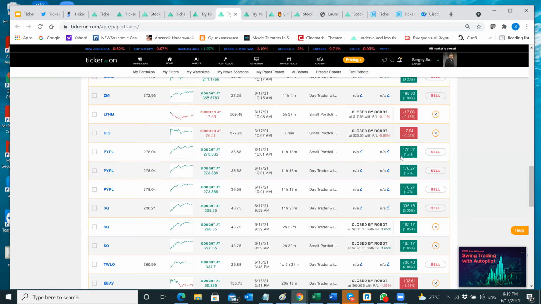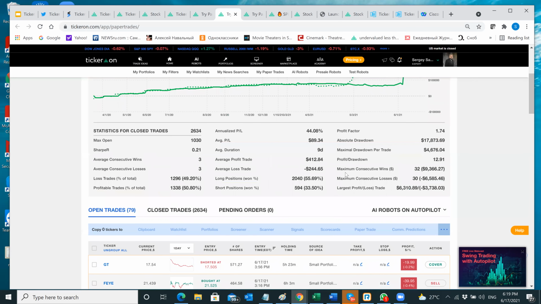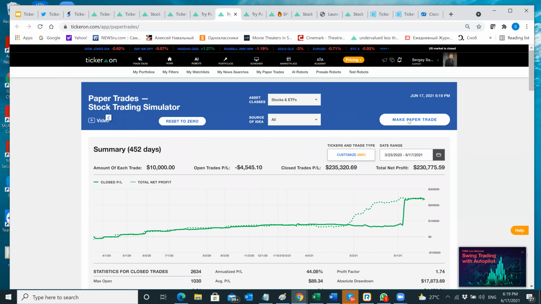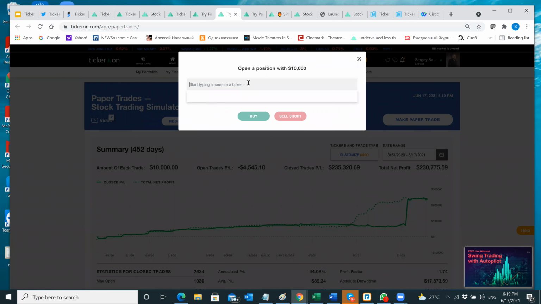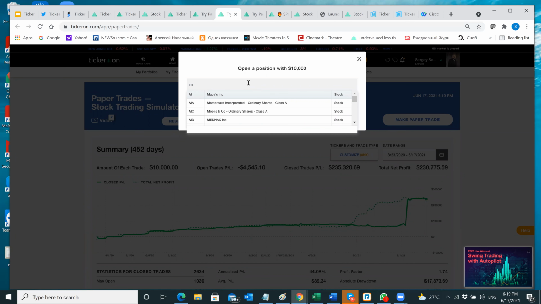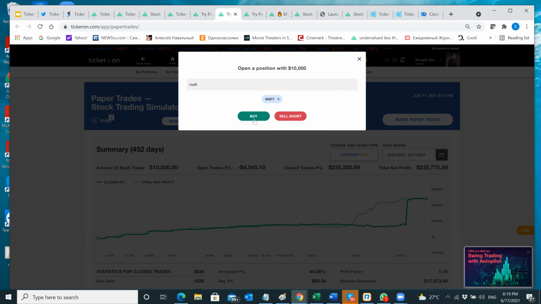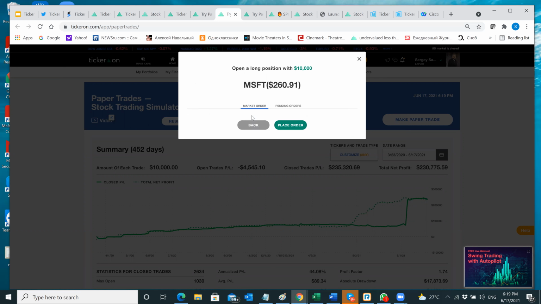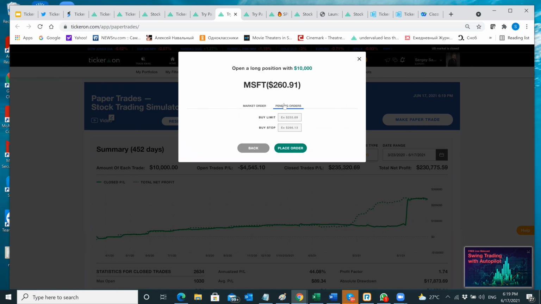from the robot. So in fact, I'm already not making manual paper trades, because I can make a manual paper trade. You see, I can click here and then say, okay, I want to trade Microsoft, and I can make a manual paper trade. Let's say I want to buy, right? So then I choose the market order or pending orders.